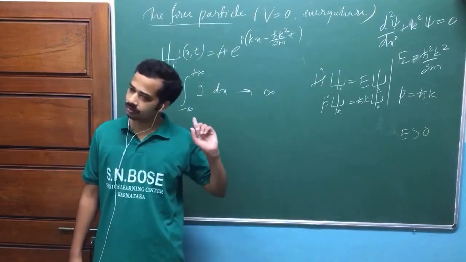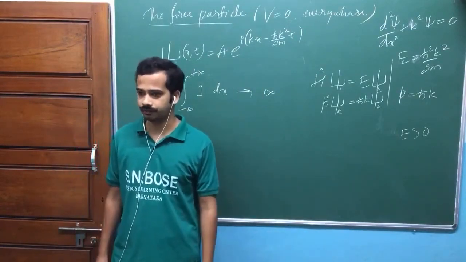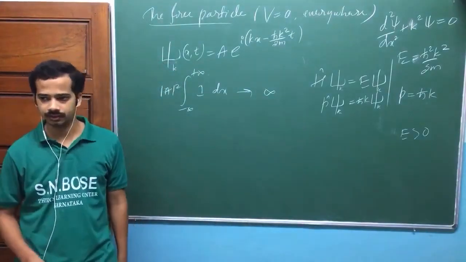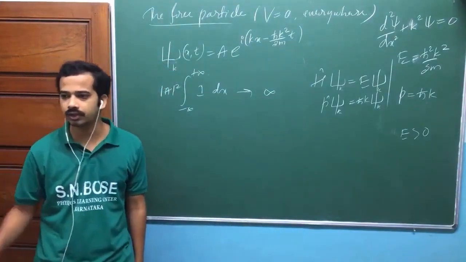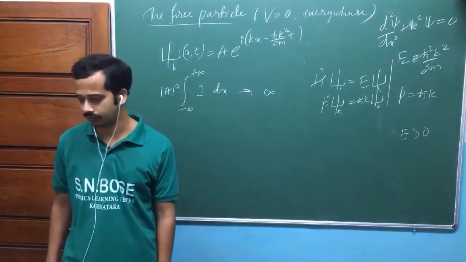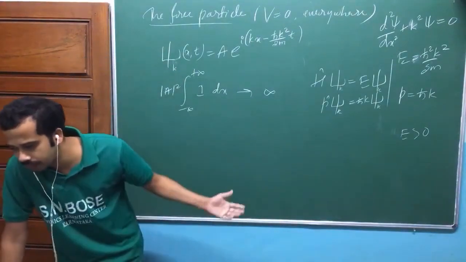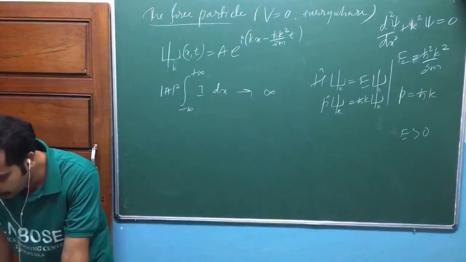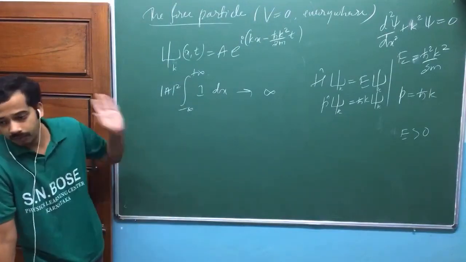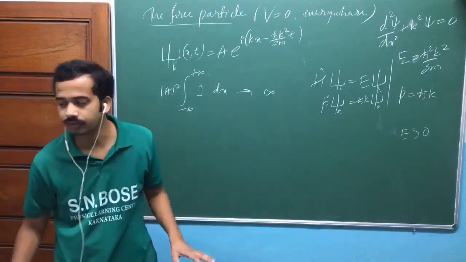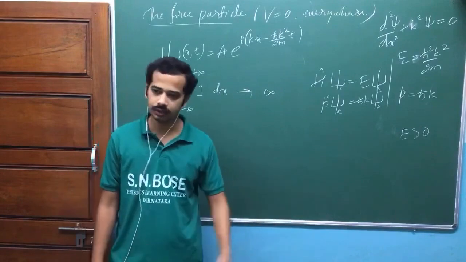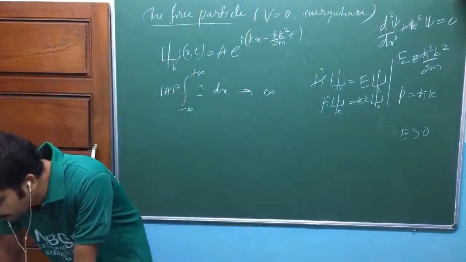It's a constant energy situation. If potential equals 0, velocity will not change. That's why we are talking about the situation of potential equal to 0, that means force equal to 0. There is no question of change of velocity. If you start with one velocity, it will continue with that velocity.